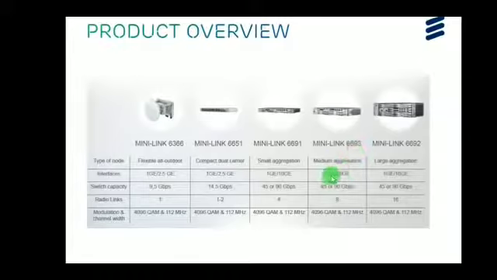It also has the same interfaces as I said before for 6691. 6691, 6693 and 6692 all have the same interfaces and the same switch capacity as well. 6693 supports a maximum of 8 radio links, whereas 6692 supports a maximum of 16 radio links. The remaining modulation and bandwidth schemes are all the same in the 6600 series.